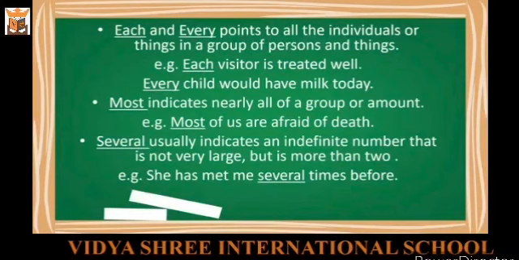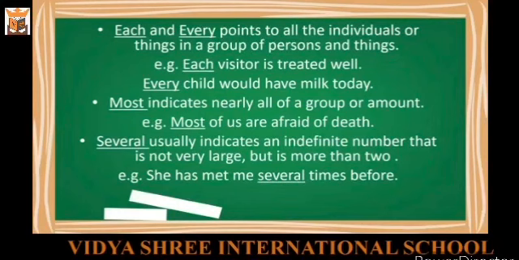Here I mean that all the visitors who were part of a group, each visitor was treated well. Every child would have milk today. I am referring to each and every individual child. I think it is clear to you now.